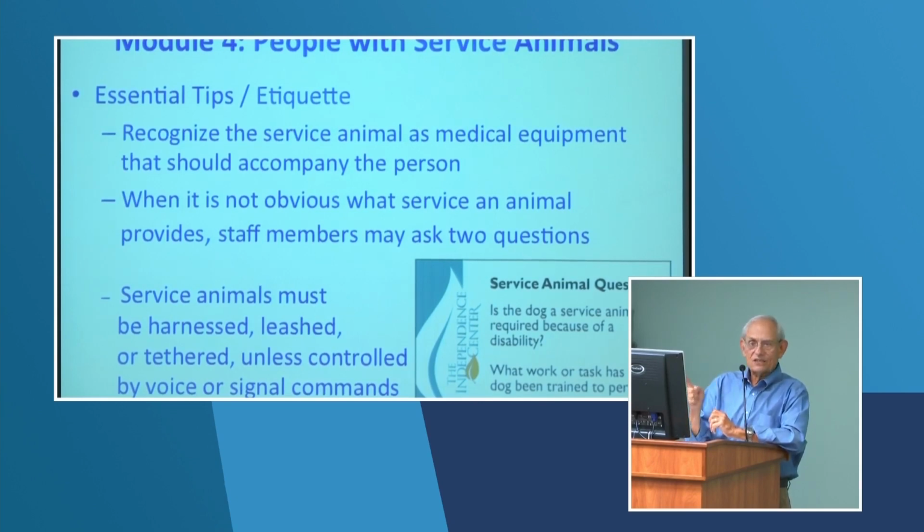You can't ask what the disability is. Just say, is it required because of a disability? And then you can ask, what work or task has the dog been trained to perform? A service animal must be harnessed, leashed, or tethered, unless controlled by voice or signal command. The service animal also has to be housebroken.